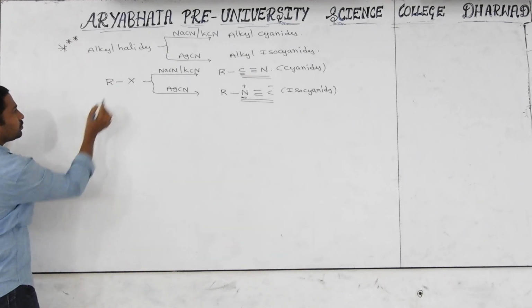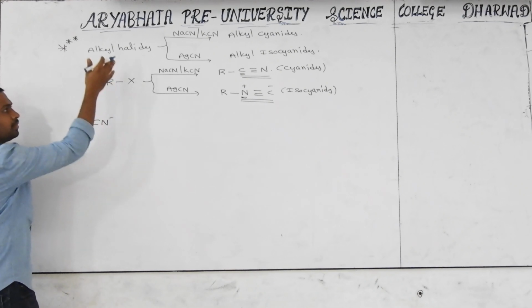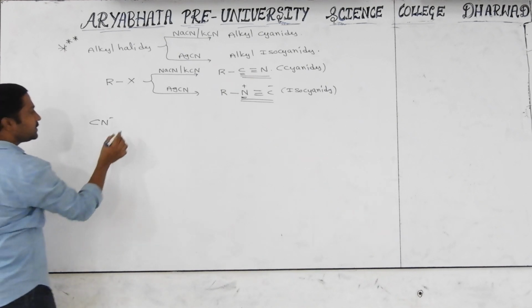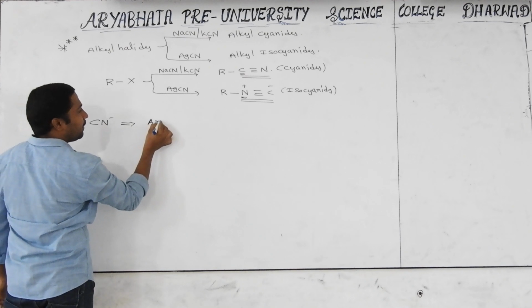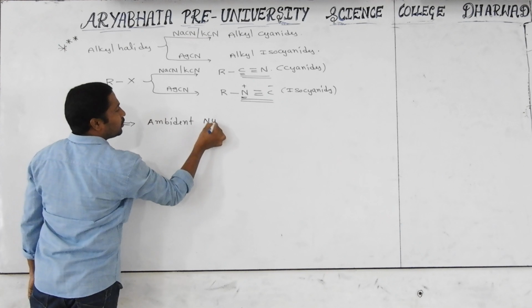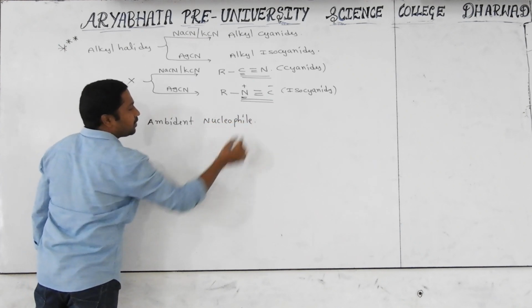First of all, we have to discuss CN minus. It comes from sodium cyanide, potassium cyanide, silver cyanide. CN minus acts as a special nature, nothing but an ambident nucleophile. Did you remember or not?